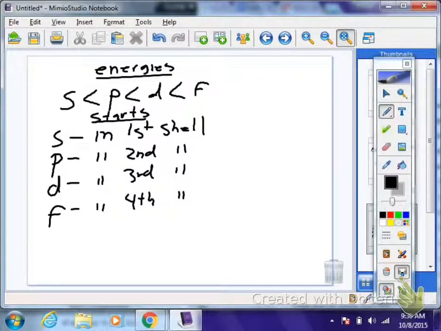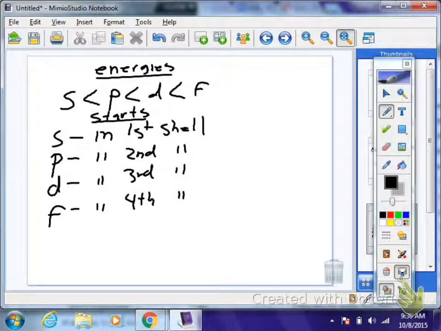As you go out, they get greater. The S, P, D, and F also works the same way in energy. S is the lowest energy level, or subshell, then P's a little bit more energy needed to be in that subshell. And where they come in: S comes in the first, P comes in the second, D comes in the third, F comes in the fourth. All right. So you kind of got that figured out.